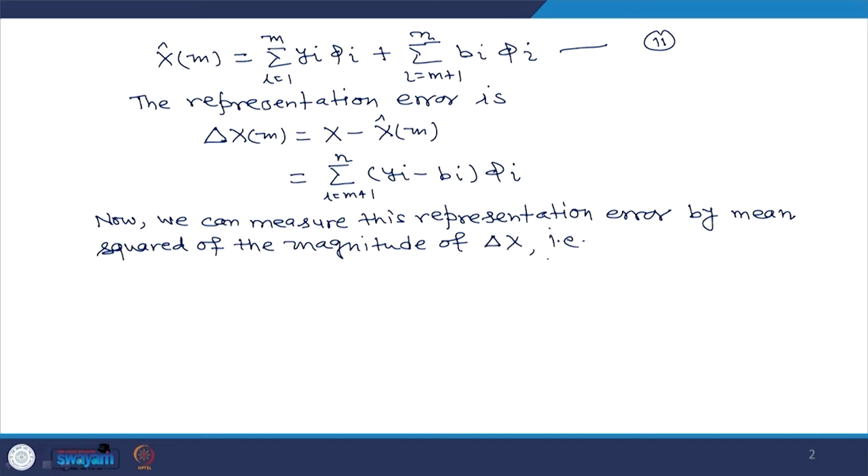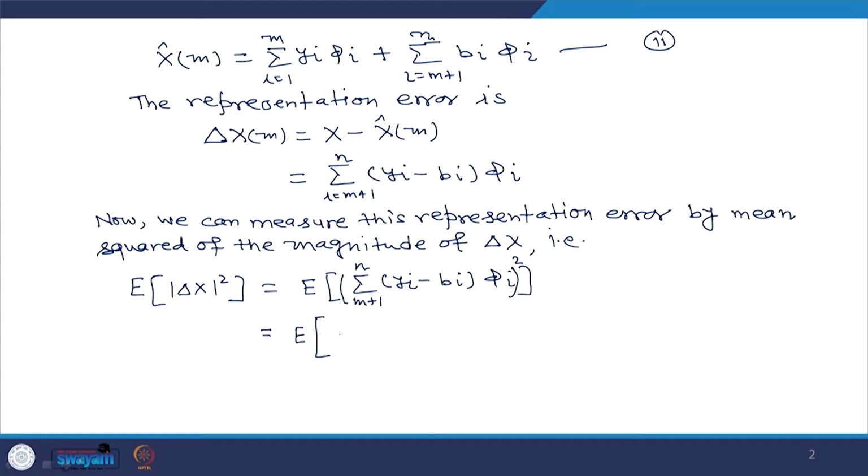I am defining this error as E of delta x squared, that is the mean square of the magnitude, and this becomes E of the square of the summation from i equals m plus 1 to n of (y_i minus b_i) phi_i.